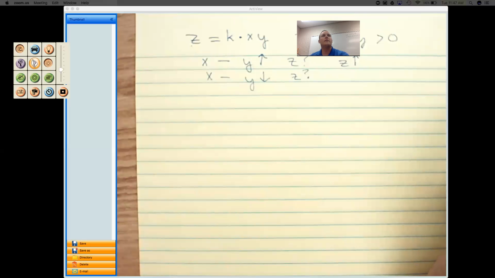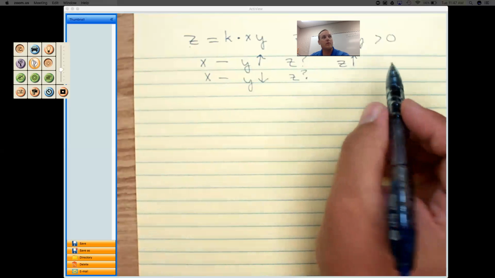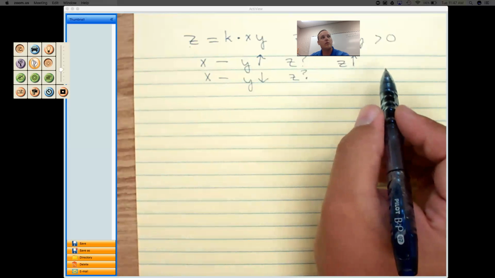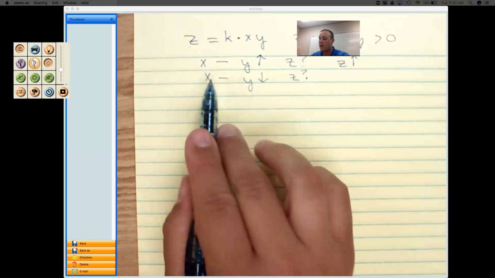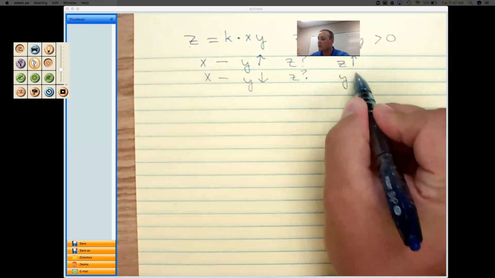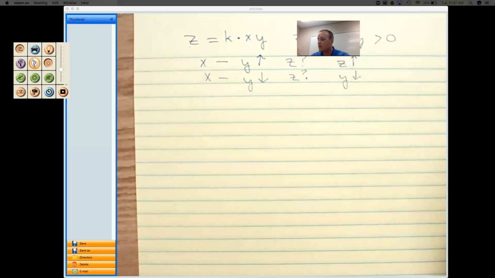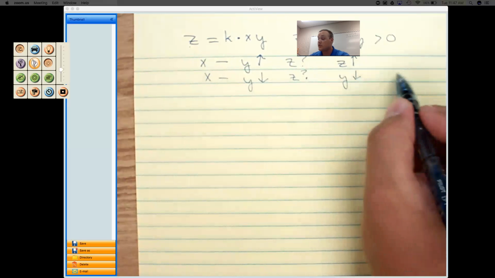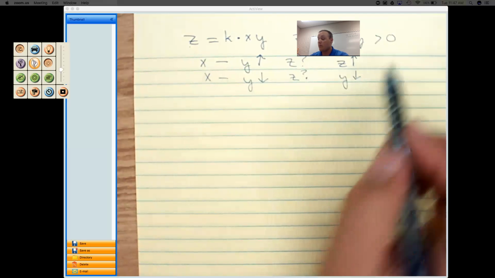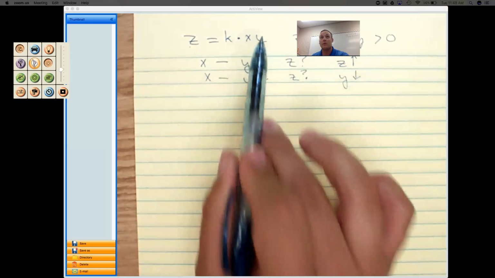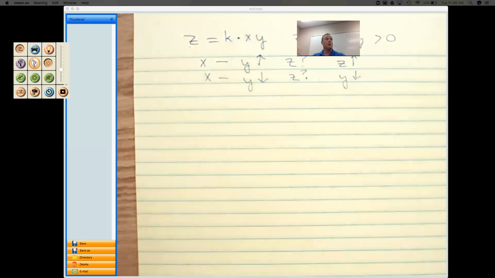All right, can I hear from Tyra's table? So then z will decrease also. Okay, why is that? Because they're directly proportional, and we are multiplying by a smaller number all of a sudden. So if we're multiplying by a smaller number than the original, it would have decreased.